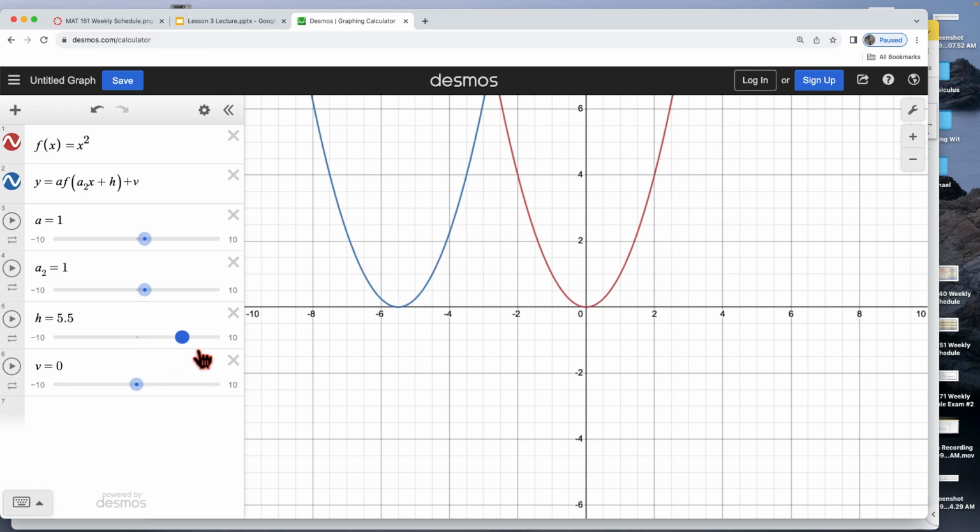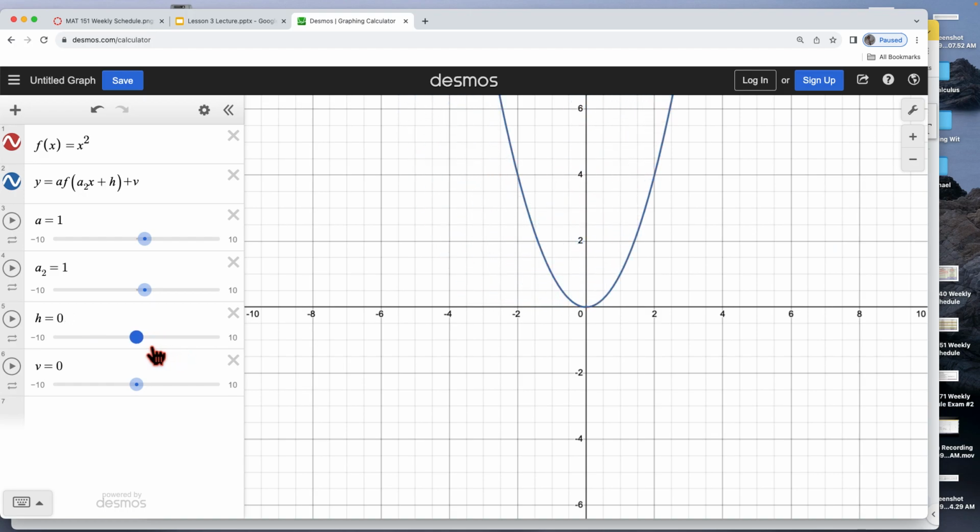If I add, I move it to the left. So I think when I'm adding, I move it in the negative direction. When I'm subtracting, I move it in the positive direction. Just remember, everything that happens inside happens sort of in reverse. But you can see that, yes, it's going to change it, but it just goes in the opposite direction.